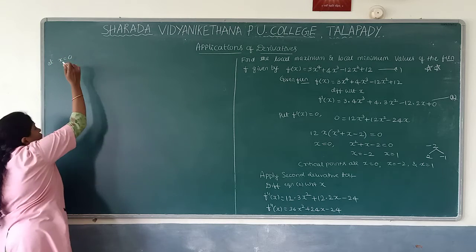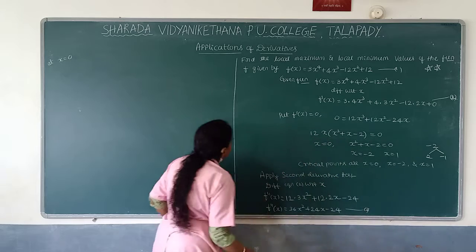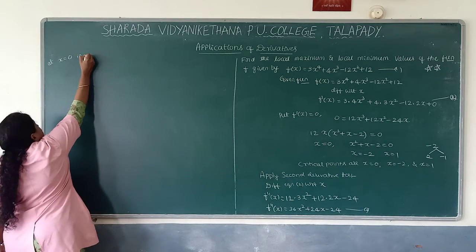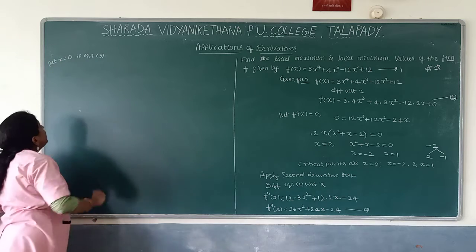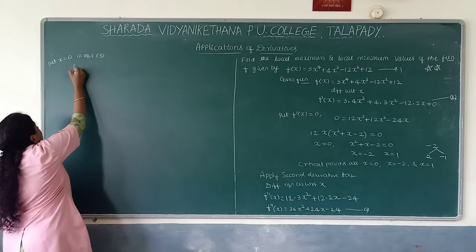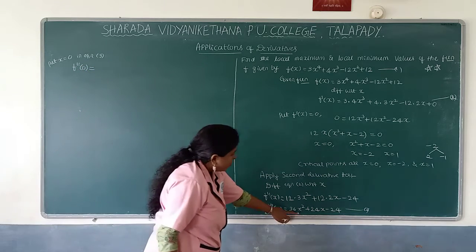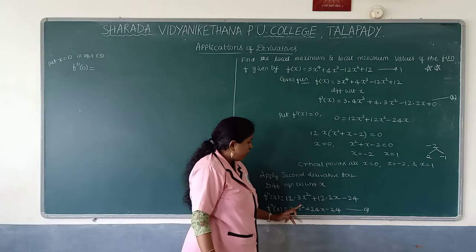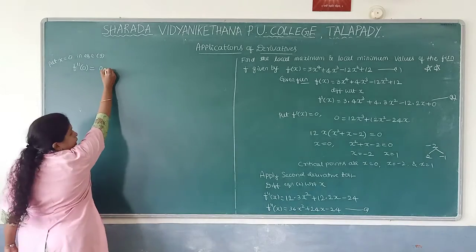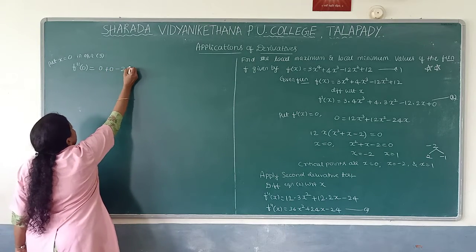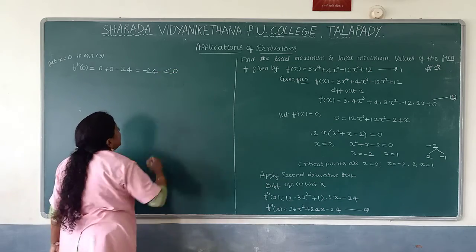Write it as equation 3. In equation 3, put x is equal to 0, and we'll get f double dash of 0 is equal to 0 plus 0 minus 24. It's getting minus 24. The value is negative.